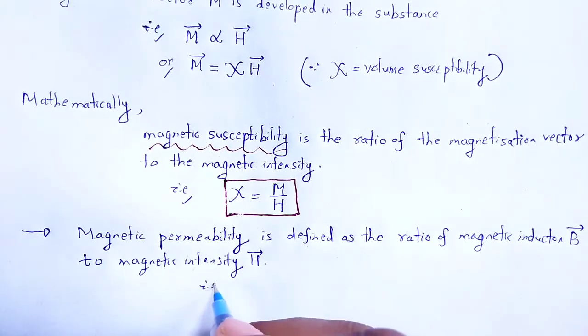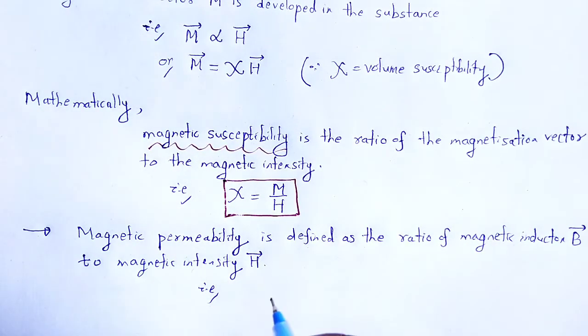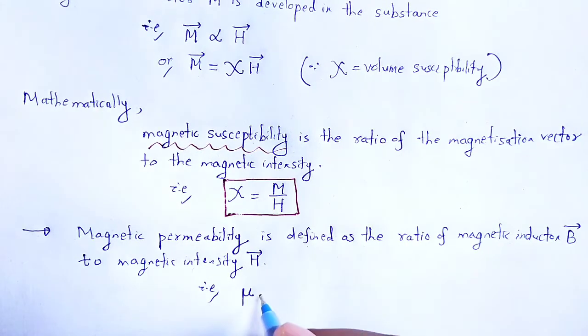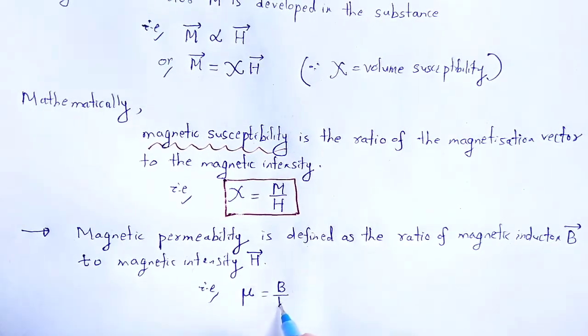That is, magnetic permeability, which is written as mu, is equal to B by H.